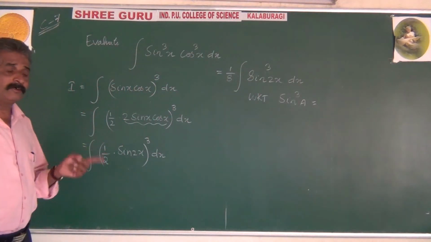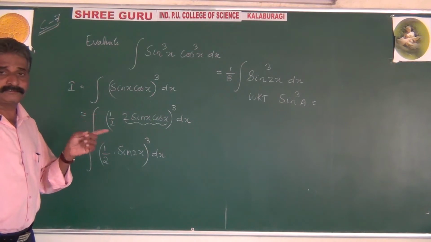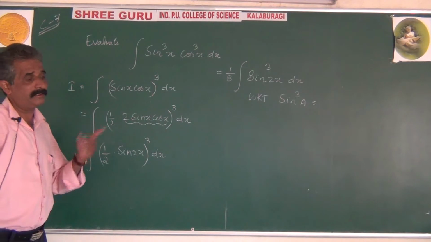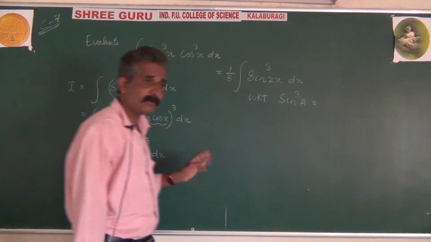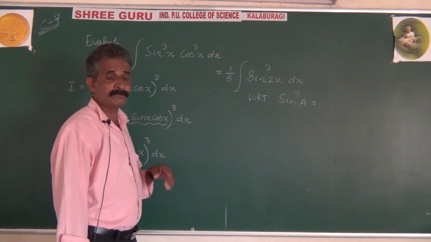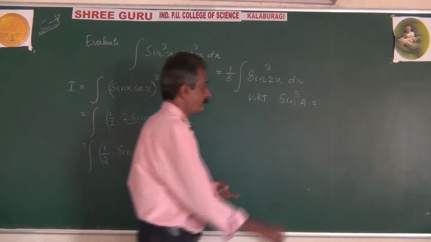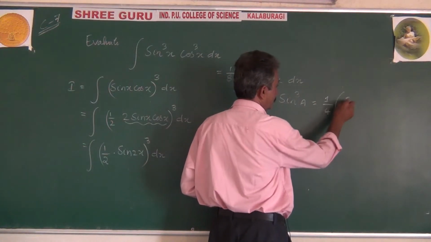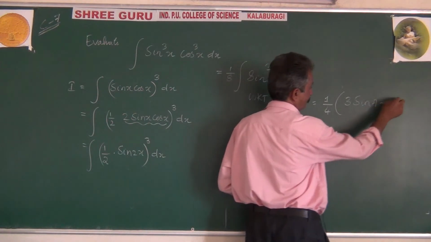From that, 4 sin cube a equals 3 sin a minus sin 3a, so sin cube a becomes 3 sin a minus sin 3a divided by 4. Hence it is 1 by 4 into bracket 3 sin a minus sin 3a.